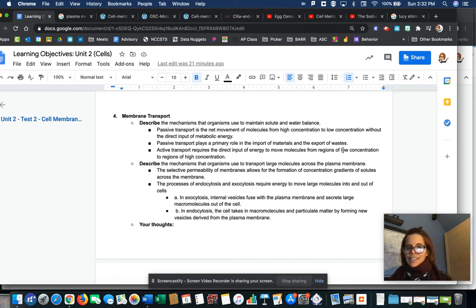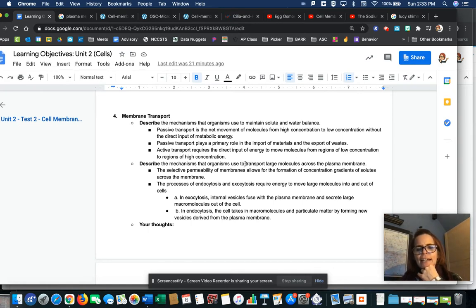They're going to have a tendency to diffuse in, or to come in through protein channels. But we want to push them out. So we want them to go from low concentration to high concentration, and that takes ATP. We call that active transport. If the cell has to use ATP to get it out, then that's called active transport.